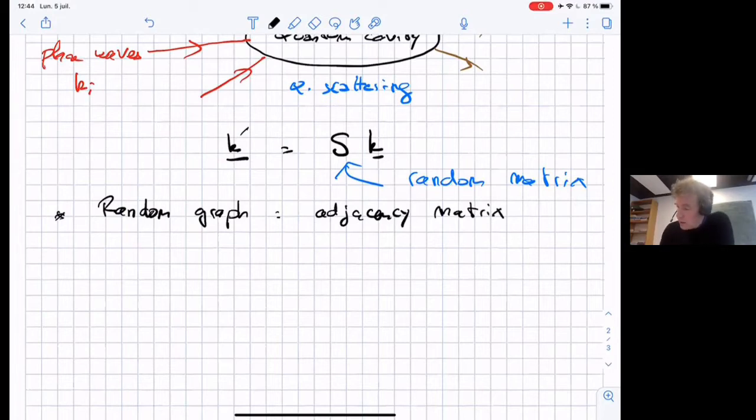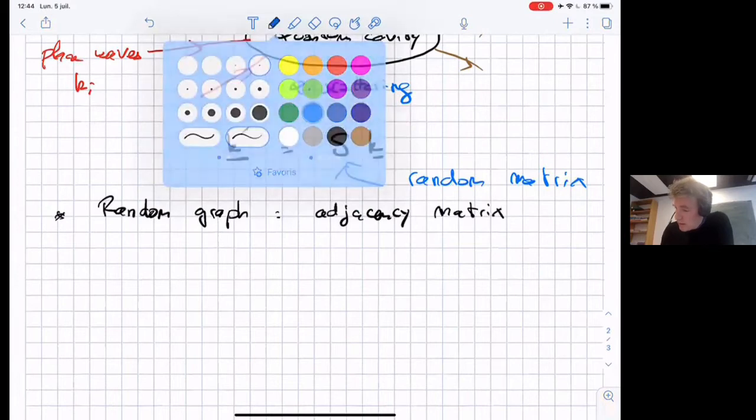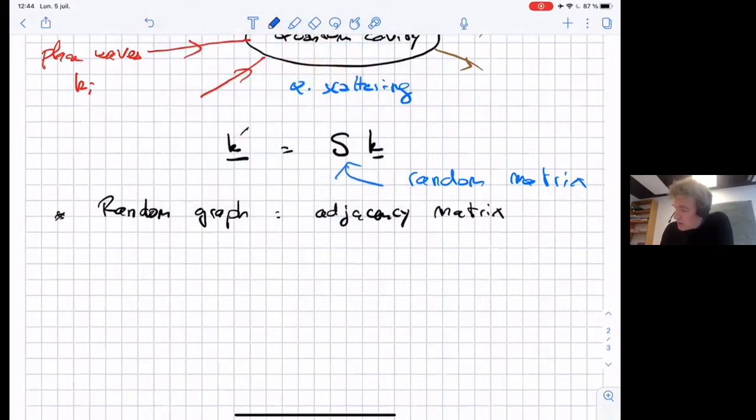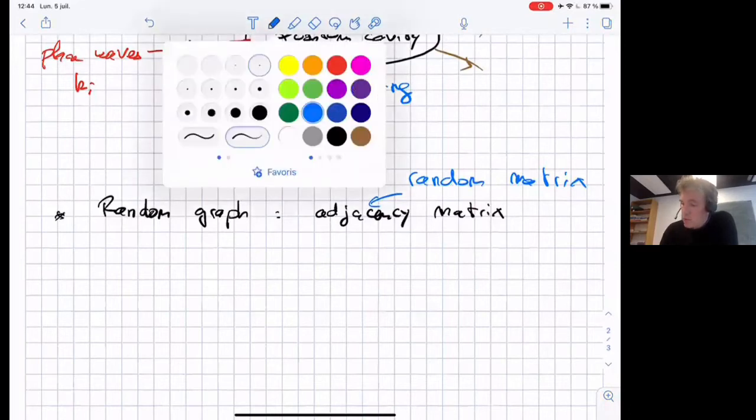And again, if this graph is random, then this adjacency matrix will also be random. So these are rather natural examples where you see that random matrices occur. There are also other typical examples, for instance, a localization problem in quantum mechanics, where the notion of a random matrix appears quite naturally.